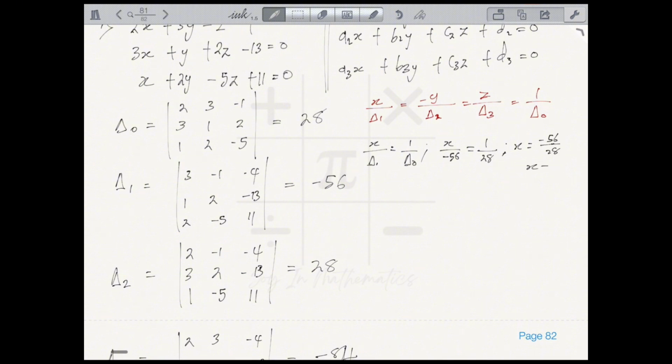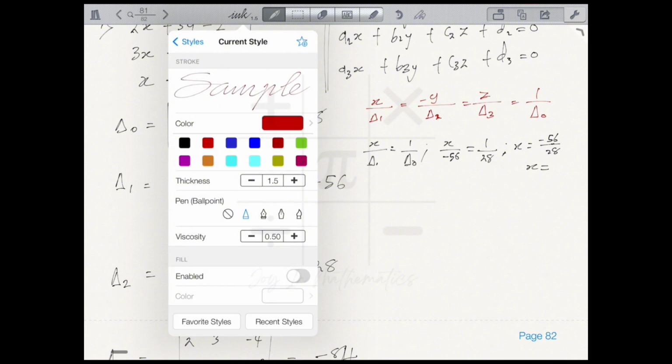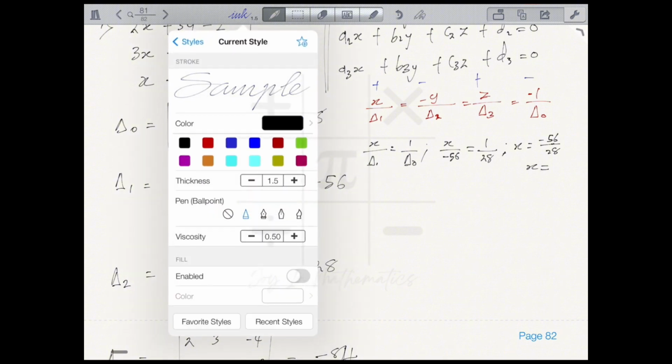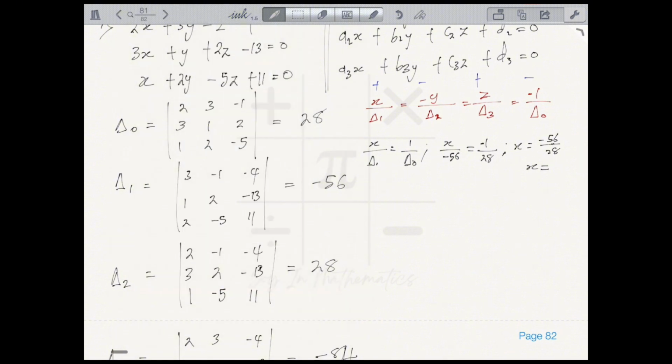So I'm saying that x is equal to, okay, there is one thing that we omitted. This is negative 2. Remember the signs, plus, minus, positive, and negative. So in that case, we know this is negative, so divided by minus 28, as the case may be, and then we'll have x is equal to 2.